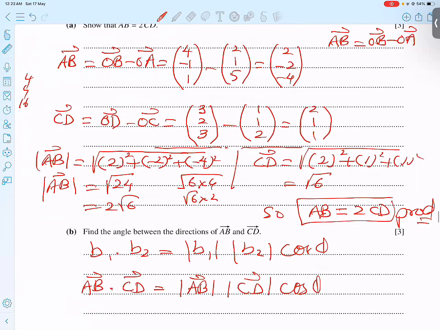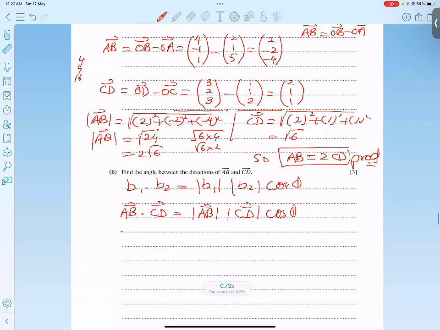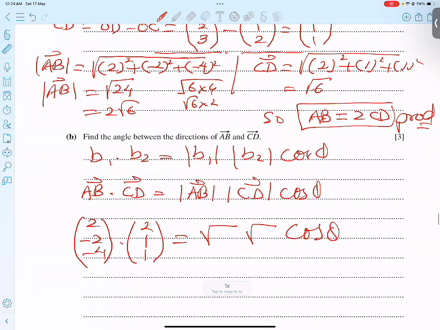So let's start. I'm going to write vector dot second vector, magnitude, into cos of the angle. So this AB is coming here and this is coming down. So I'm writing 2, -2, -4, dot 2, 1, 1. And luckily the AB magnitude I have, which is root 24 or 2 root 6, and this is root 6.